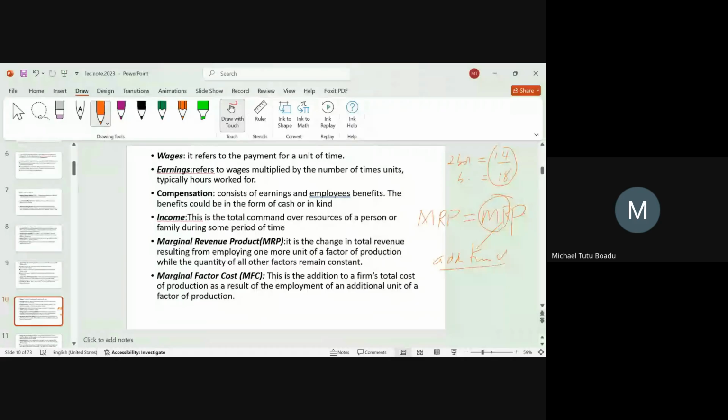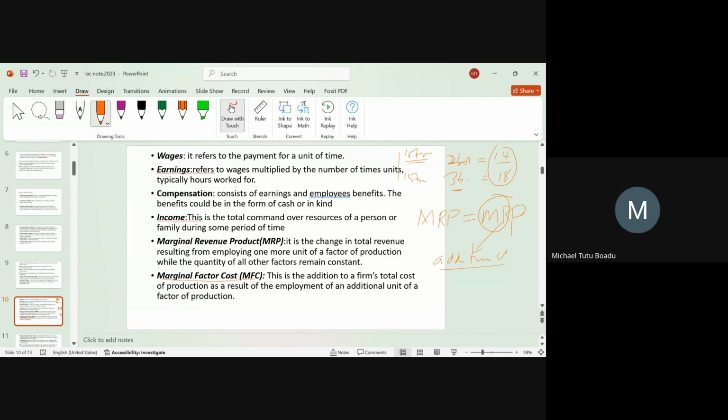And then the marginal factor cost. It is also the additional cost in employing an additional unit of a factor in production. So before you increase production from 2 to 3, it means you have to also increase resources from a certain quantity. Let's say to produce 2 boxes, you need 10 tons of that resource, but to produce 3 boxes, you need, let's say, 15 tons.